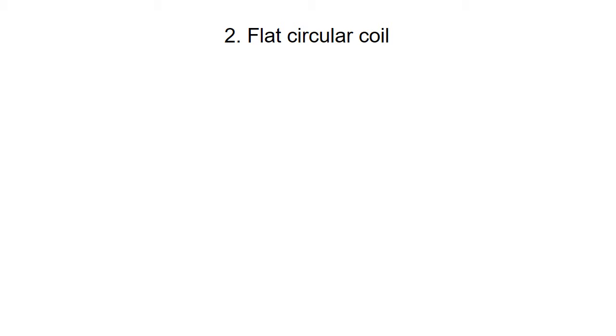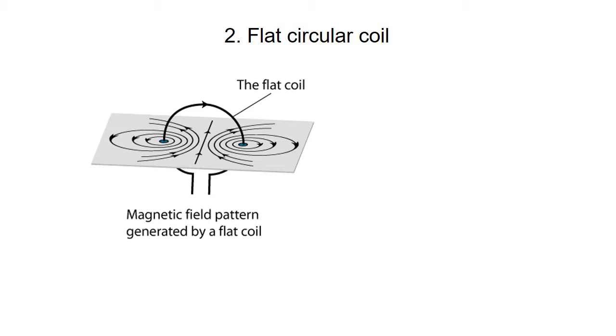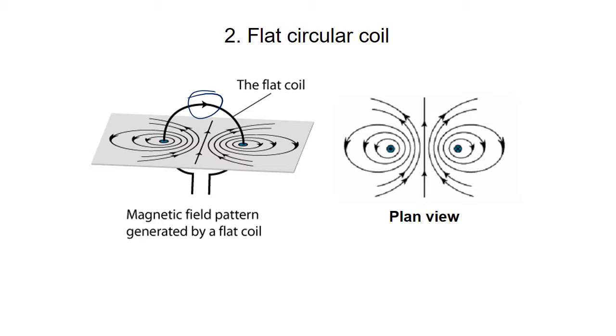Okay, so this is the second example we need to know. It's the flat circular coil. So that's it in 3 dimensions. So basically you've got a loop with a current going through it, and you can see from above that there is a uniform field going right down the middle of the flat circular coil, and they kind of look like eyes, really, little cat's eyes.